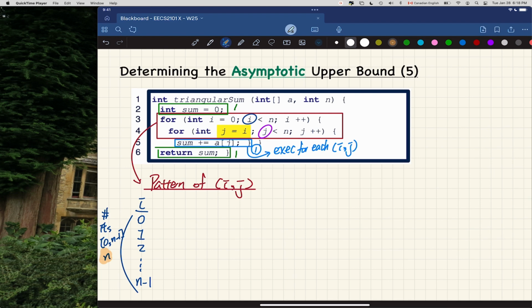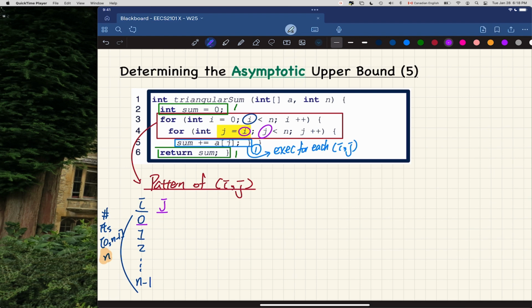That's going to be trickier. If you think about it, when the i value is equal to 0, what would be the range of j? 0 to n minus 1, right? Since we're counting, this part we're going to be more precise. j will be starting from the i value.